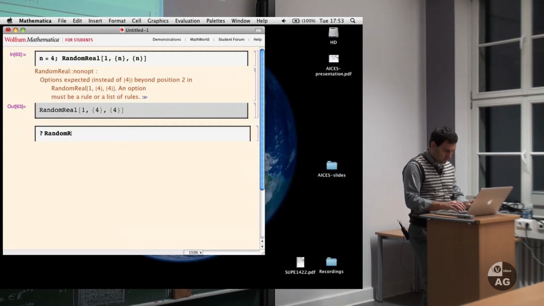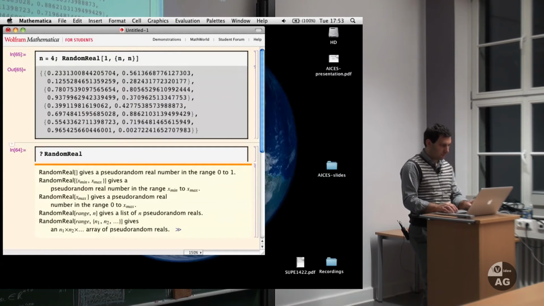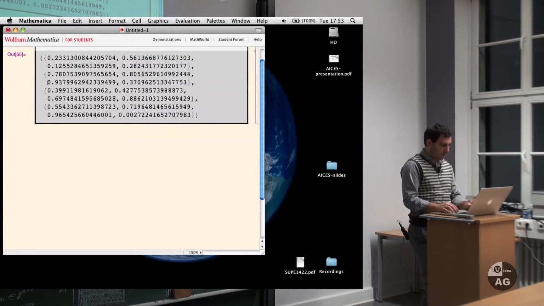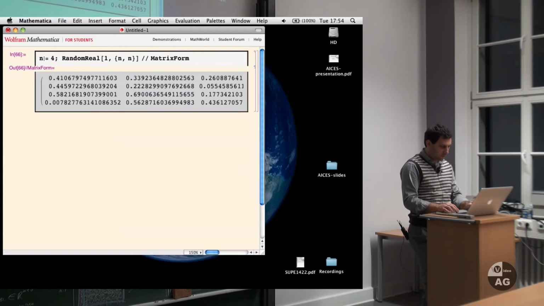Yeah, for arguments. Range. Aha. Okay, so this. We have a 4x4 matrix of random numbers.